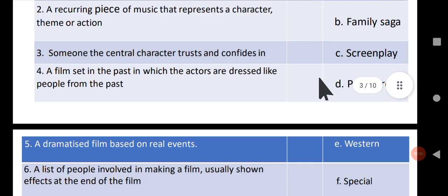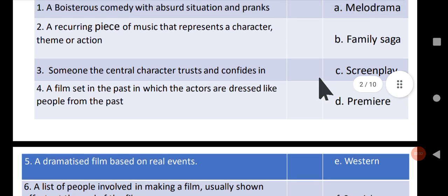Next one, the fourth one: a film set in the past, in which the actors are dressed like people from the past. I think you have some events where you would be participating and dressing as old people, right? So what is it called?